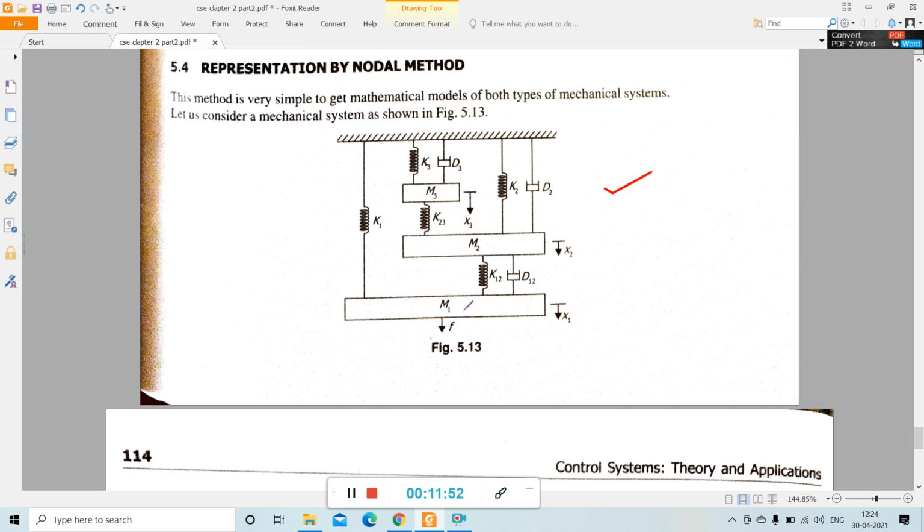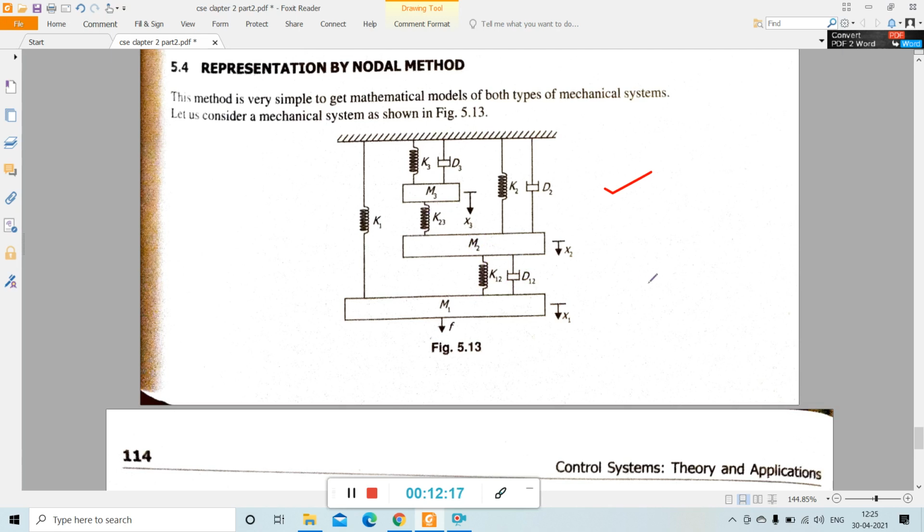Here we have M1, K1, displacement x1, then M2, K2, displacement x2, damper D2, then M3, K3, damper D3 with respect to reference. In between M1 and M2 there is K12 and D12. In between M2 and M3 there is K23.